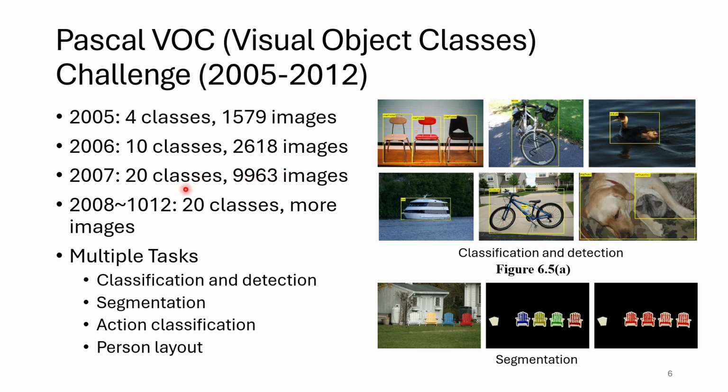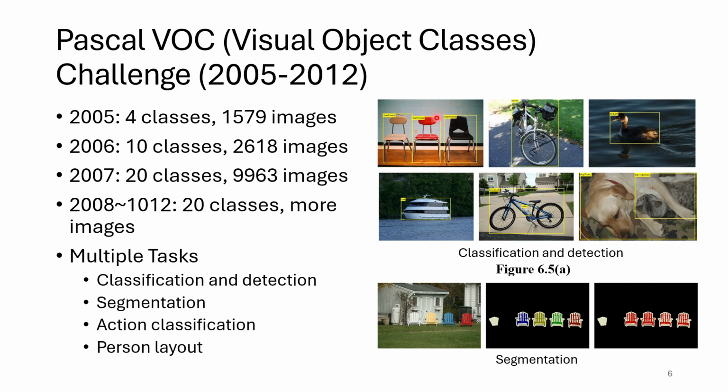They not only do the classification task, there are also other visual related tasks. For example, detection. Detection means, given the image, yes, I know this is an image of the chair class, but where is the chair? Detection means they want to localize the object in the image.